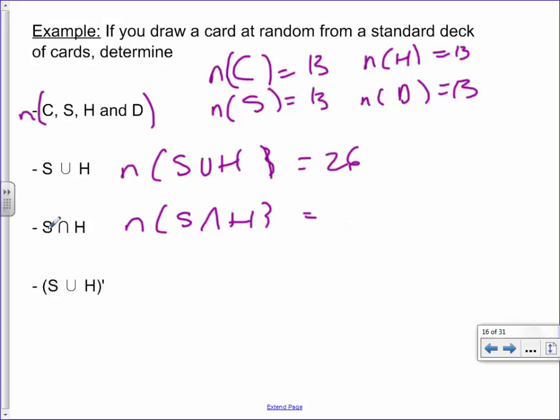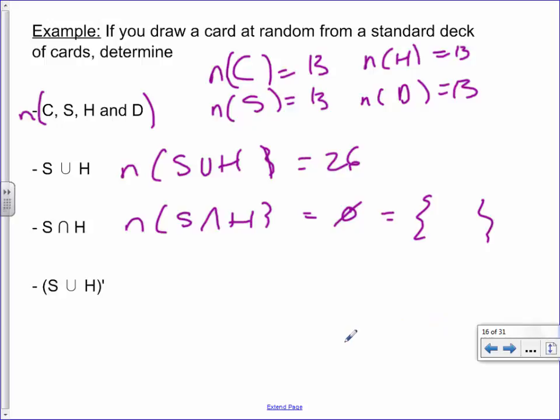How many spades are also hearts? None. 0. So the answer to this is 0. Or you might say a bracket, and inside the bracket you would literally put nothing. Because you can't have a heart that is also a spade. It's one or the other.